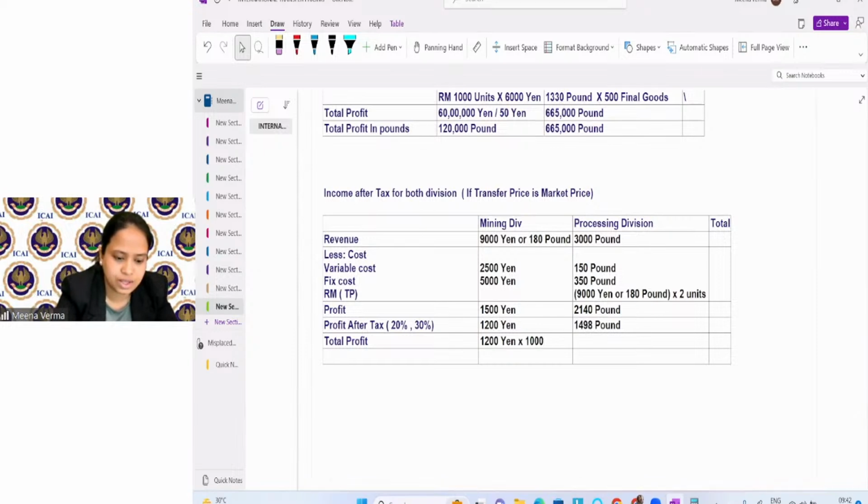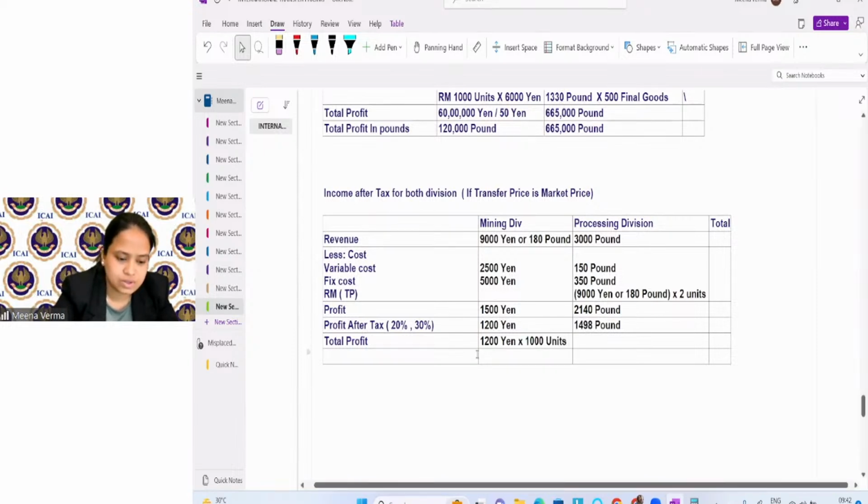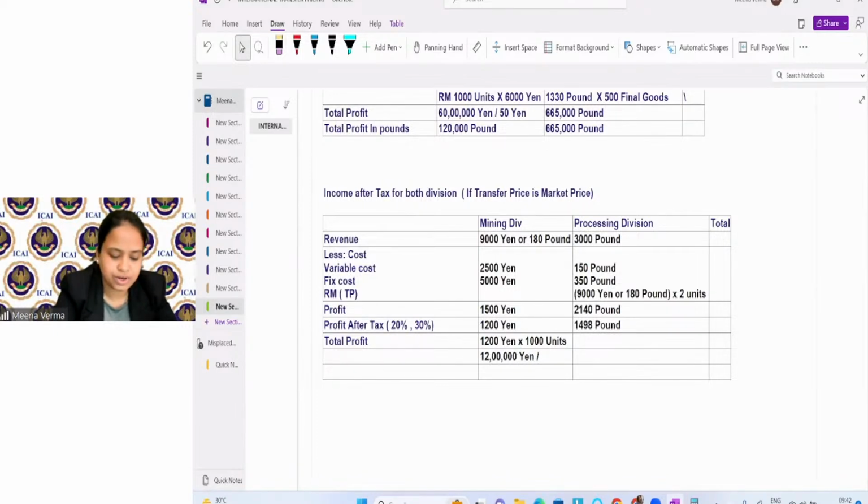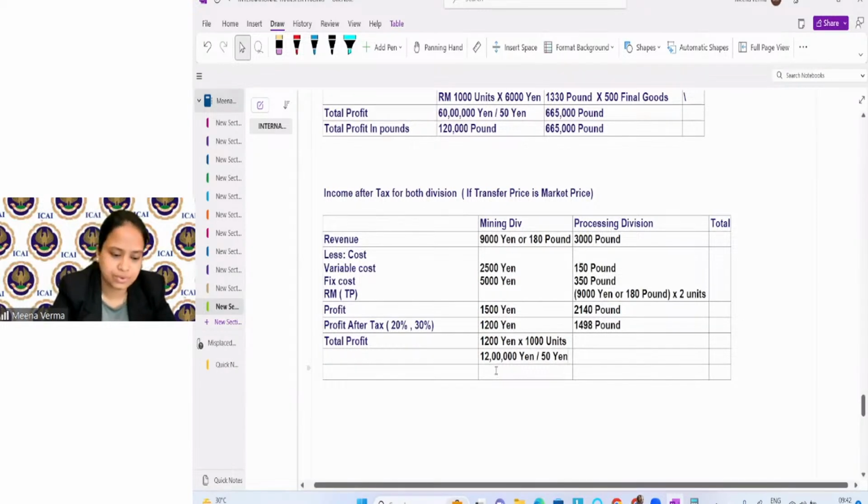If you just multiply them, you will get the total profit. This total profit divided by 50 yen, you will get the profit in pound.